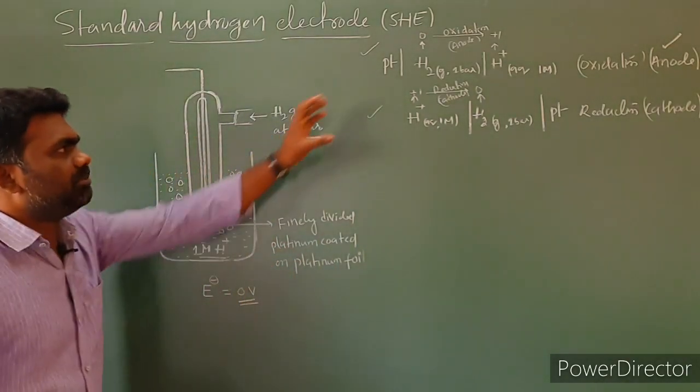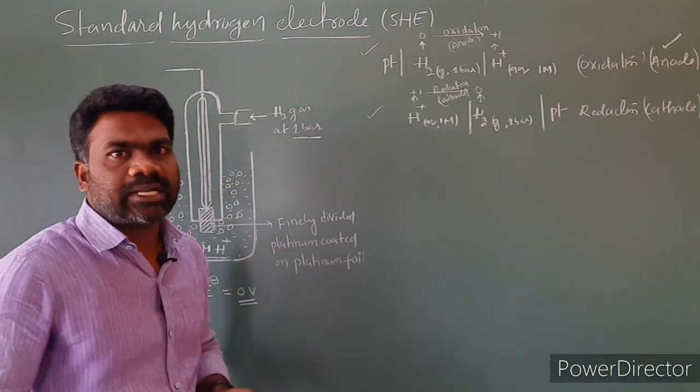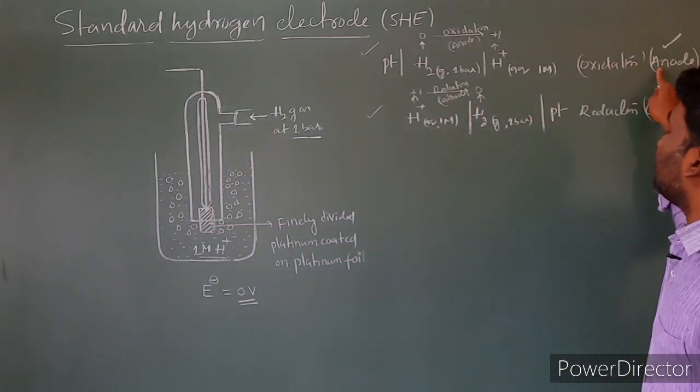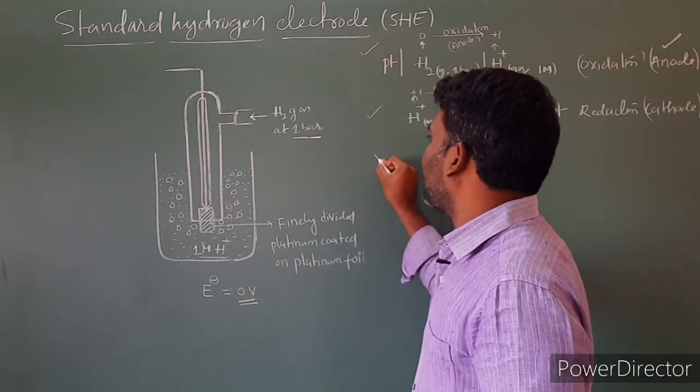So this is a representation of the standard hydrogen electrode. The standard hydrogen electrode can act as an anode as well as a cathode. Now let us write the points relating to the standard hydrogen electrode.